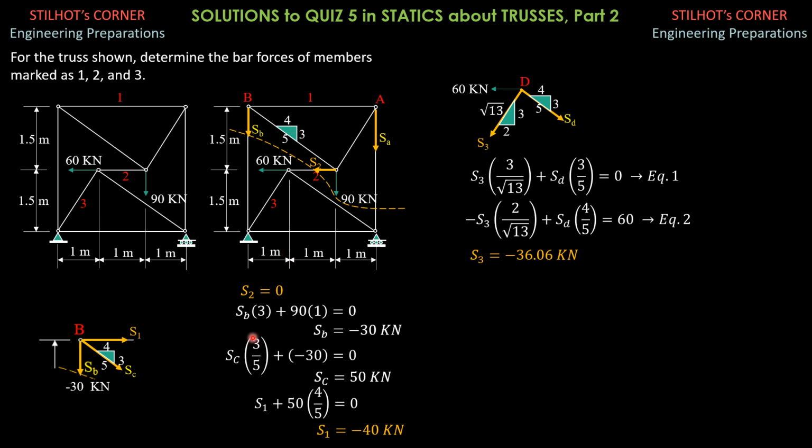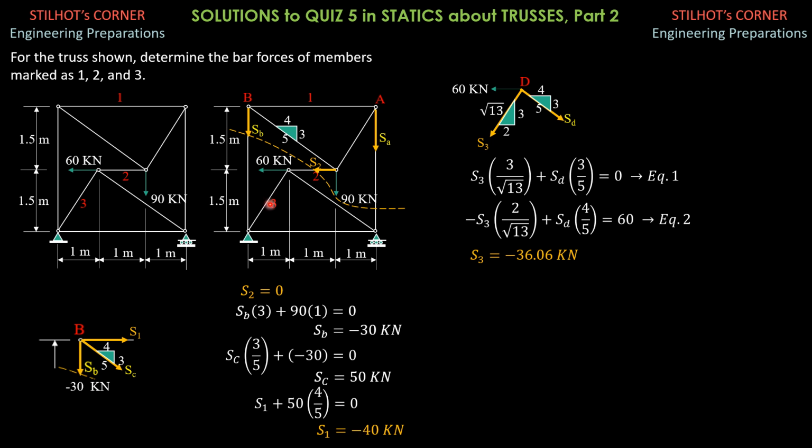So summation of forces vertical, so that S1 would not be involved, equals 0, and considering downward positive, the vertical component of S sub C is S sub C times 3 over 5, then plus negative 30 equals 0, so S sub C is 50 kilonewtons. Finally, to solve for S1, summation of forces horizontal equals 0. S sub 1 plus the horizontal component of S sub C, which is S sub C, 50 times 4 over 5, equals 0. So S sub 1 is negative 40 kilonewtons.